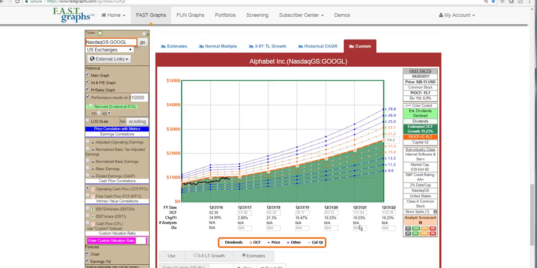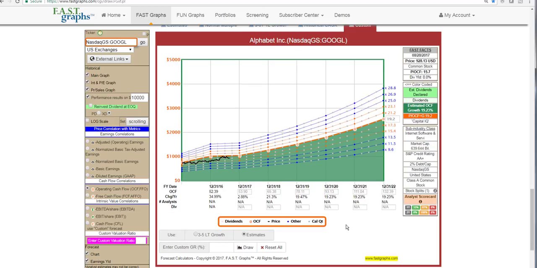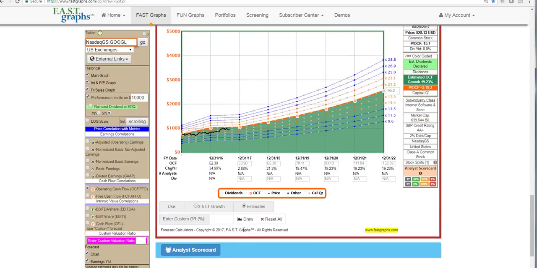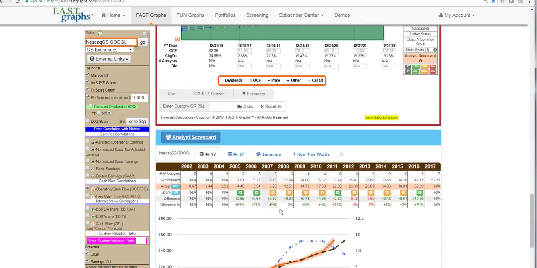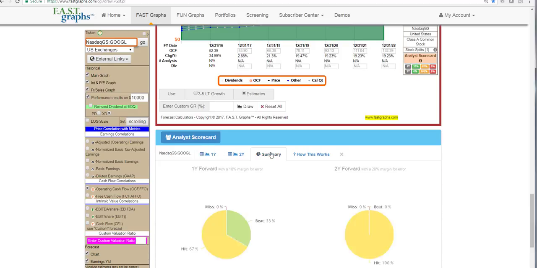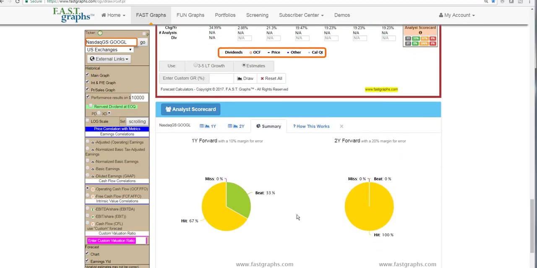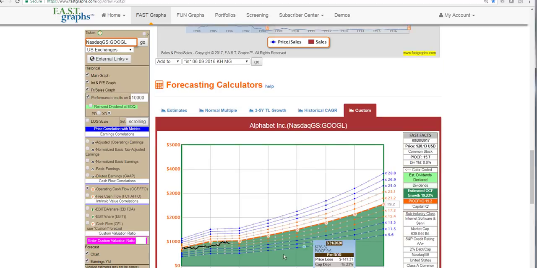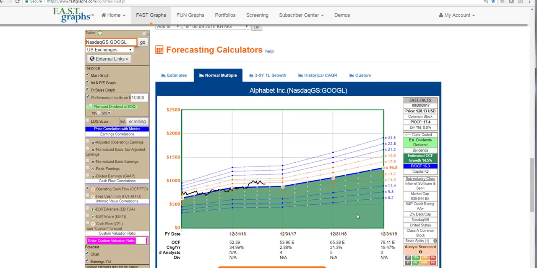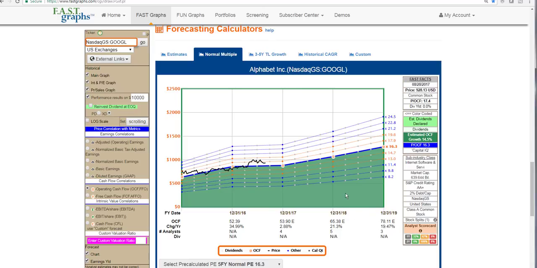Now, the real key here is, how good are these estimates? When I look at the analyst scorecard on operating cash flow, I get an entirely different picture than I did with EBITDA. The analysts have been uncannily accurate on forecasting operating cash flow going forward. So perhaps I might have some additional confidence that these estimates might be within a reasonable range of error.